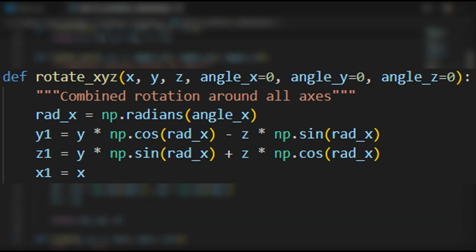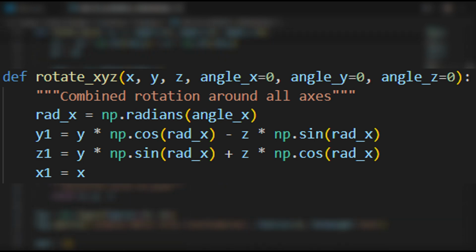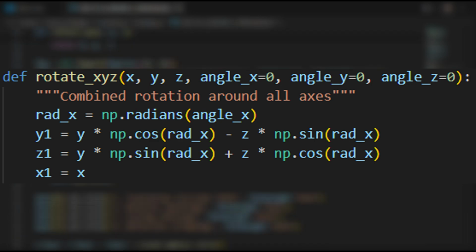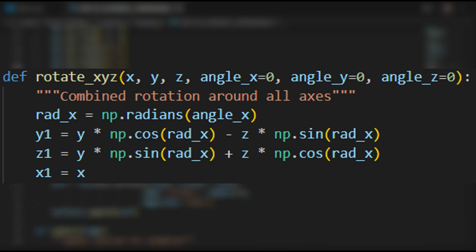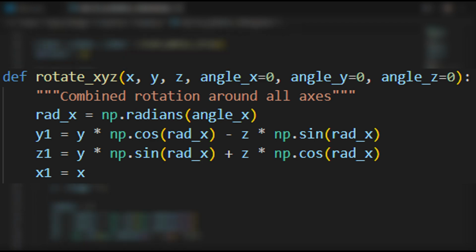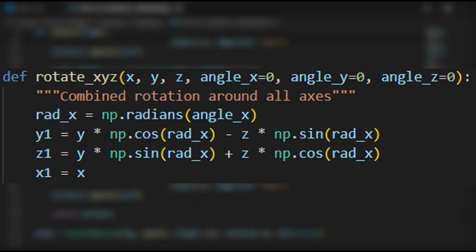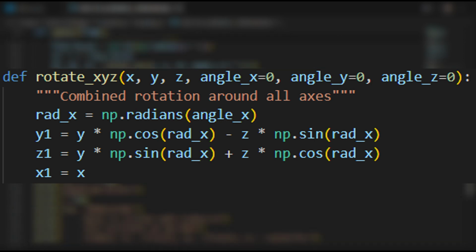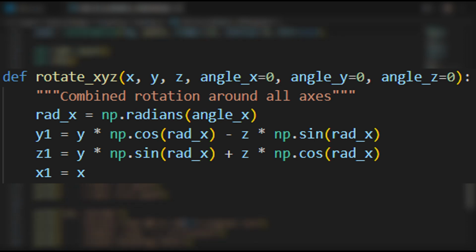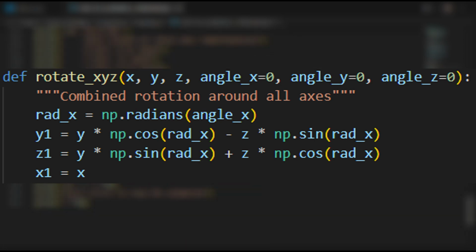The new y coordinate equals old y times cosine of the angle minus old z times sine. The new z equals old y times sine plus old z times cosine. These formulas preserve distance and shapes while rotating points, creating smooth 3D animation.